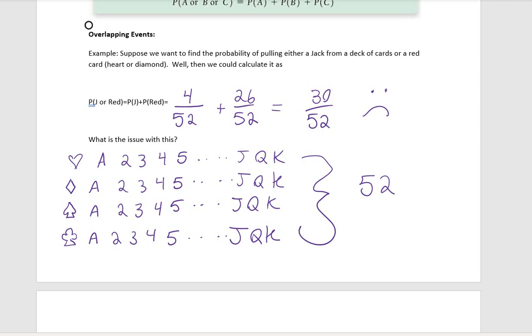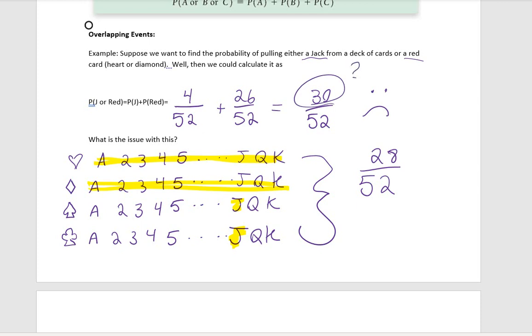Now, I'm going to go through and count all the outcomes I'm okay with. So, if you count all the red cards, there's going to be 13 hearts and 13 diamonds, which gives us 26 total. Now, add that to the jacks I'm okay with. So it's 26, 27, and 28. So I only actually have 28 cards that satisfy either pulling out a jack or pulling out a red.